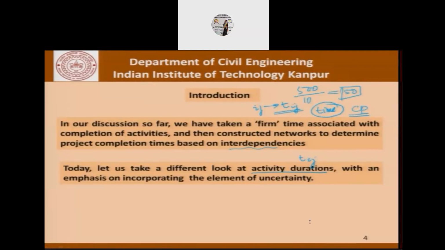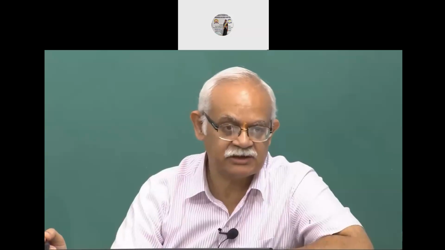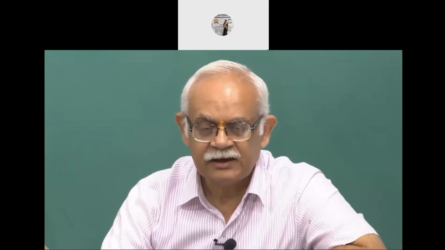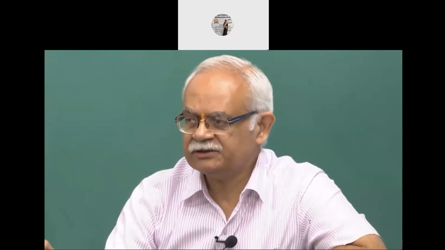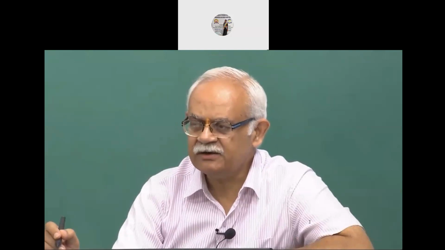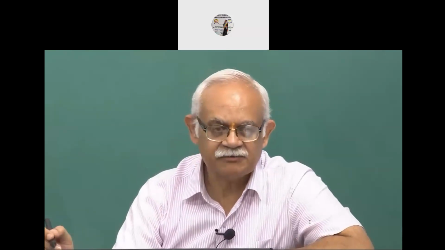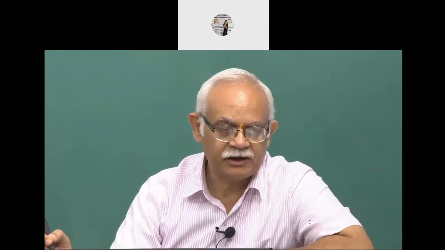An activity may be completed in 10 days, but it might spill over to 12 days. If something good happens, if we are lucky, then it might be completed in just 5 to 6 days. So this idea that the time associated with each activity is not necessarily a fixed number is something which we will focus on today in our discussion.